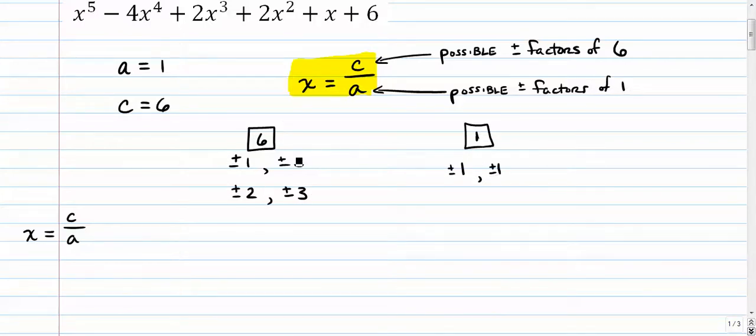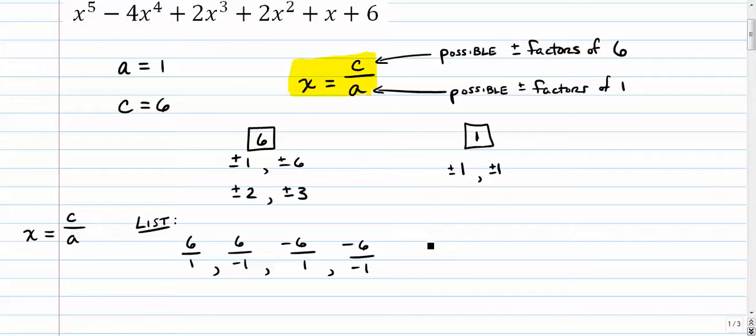Let's start with the biggest one, positive 6 divided by positive 1. This is our list of possible rational zeros. So positive 6 over positive 1. How about positive 6 over negative 1? How about negative 6 over positive 1? And how about negative 6 over negative 1?